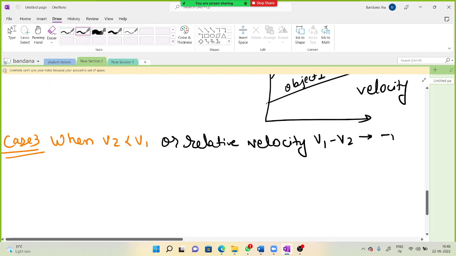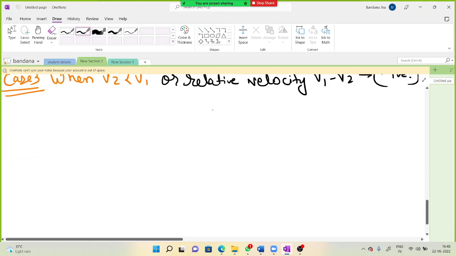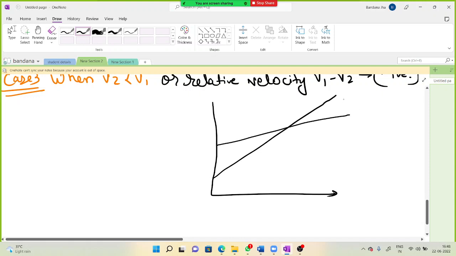It means it is negative. So how will my graph be? The graph will be like this: V1 is bigger and V2 is smaller. So this much of distance is x2 minus x1. Because of that reason, it is negative.